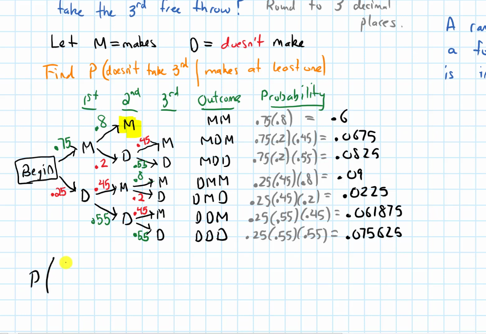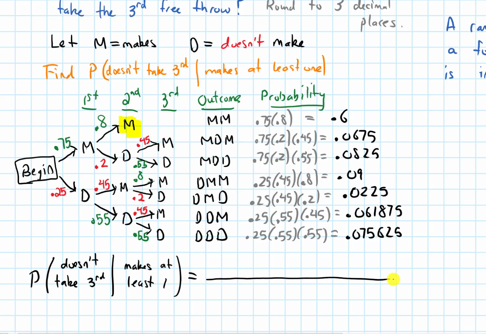So the probability that she doesn't take that third free throw, given that she makes at least one. So using our formula for conditional probability, this is the probability on the numerator that she doesn't take that third free throw.